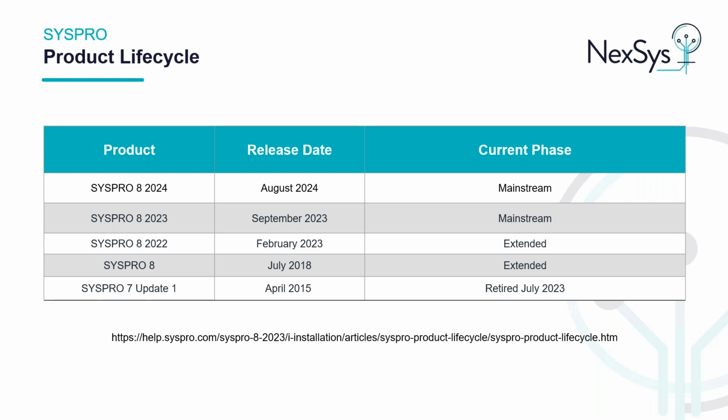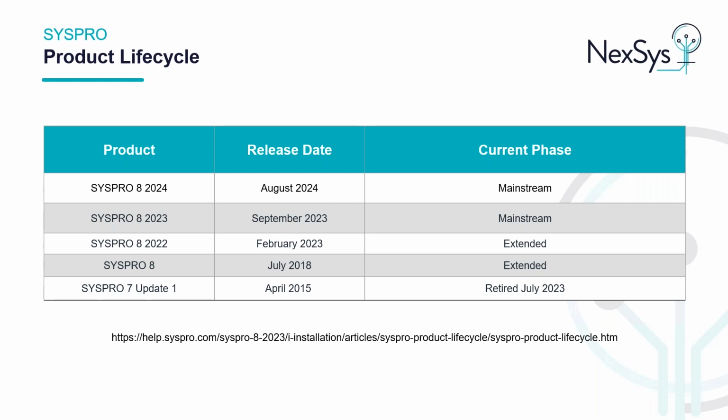And of course, you can see that we've had a number of iterations of SYSPRO available since 2018. You can see that some of the earlier versions are in an extended release, which means that only critical errors and issues will get fixed. But of course, the 8 version that's currently mainstream is continuing to be added to.